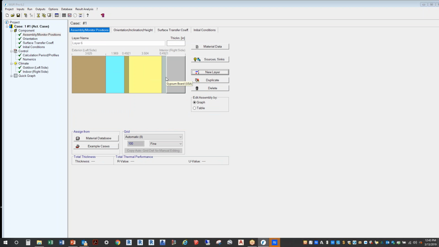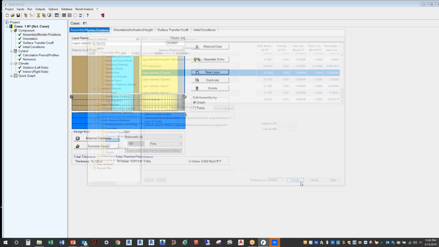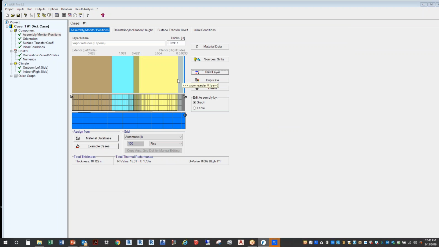Tyvek plus a vapor retarder. Yeah, Tyvek's not doing it. Right where it is, on the inside of the chipboard? That final wall curve. Oh, okay.